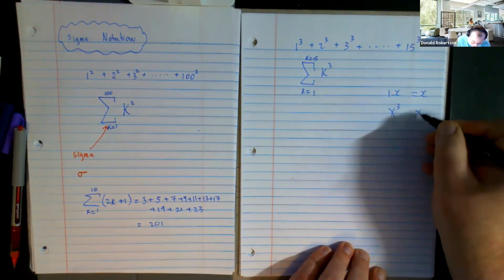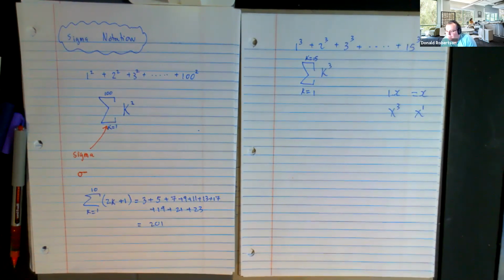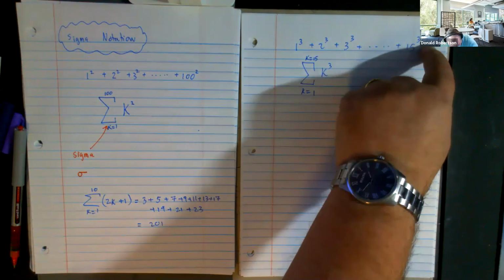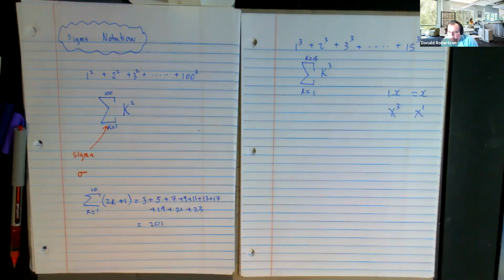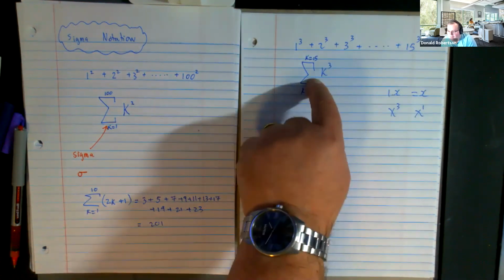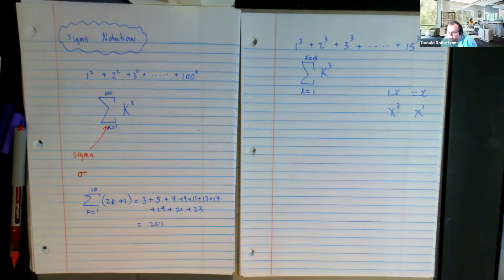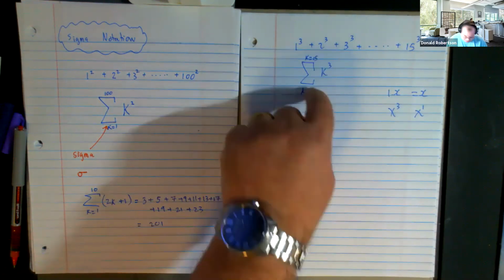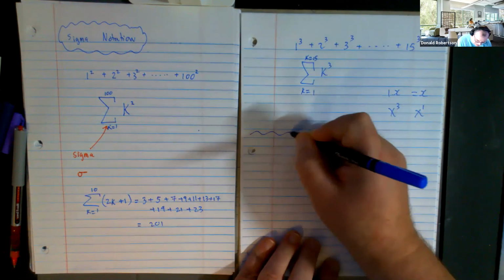But don't we not write x to the 1 because we don't need to? Can you see how mathematicians are nitpicky about minimizing everything? Don't write anything unless you absolutely have to. And if you've got a big horrible thing like that, why don't we write it like that? It's so much cleaner, right? And it means the same thing. And that's the key. It means the same thing.